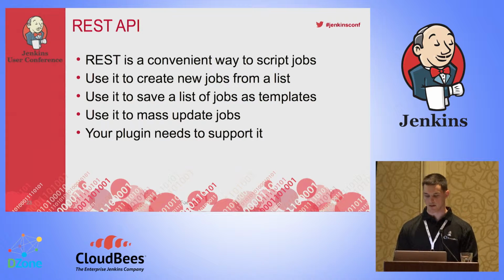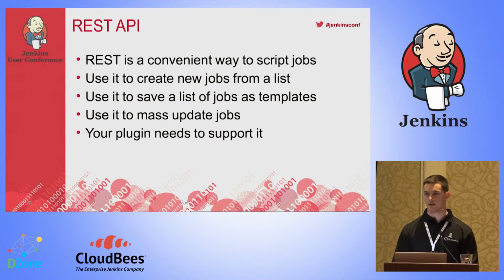You can automatically create jobs and update them, but your global configuration takes a little work. The reason we suggest this is because it's convenient. It makes it easy to create jobs. You can create hundreds of jobs at once and reproduce that same system in many different Jenkins servers. And also, if you need to make changes, this allows you to do that.